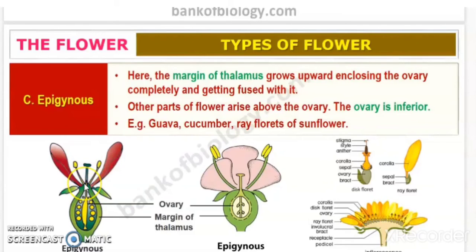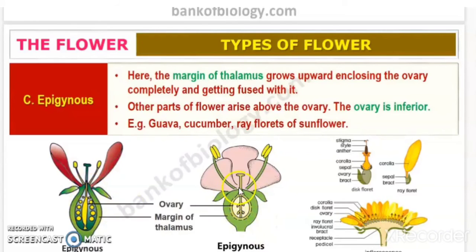So it fuses with the gynoecium. Okay, clear this, children? So here the ovary is placed inside the thalamus, and the margin of the thalamus will grow upwards and it will enclose the ovary completely and it gets fused with it. Understood it?